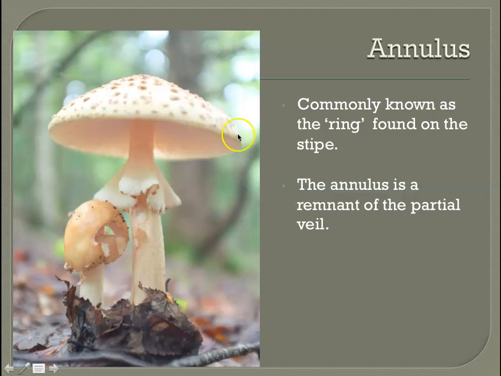Something else that will happen, we talked about the cap margin, and I said they can sometimes have hanging bits. Well, sometimes those hanging bits are left over from this partial veil. So this partial veil can break off and remain persistent along the cap edge, the margin, as well as the stem.